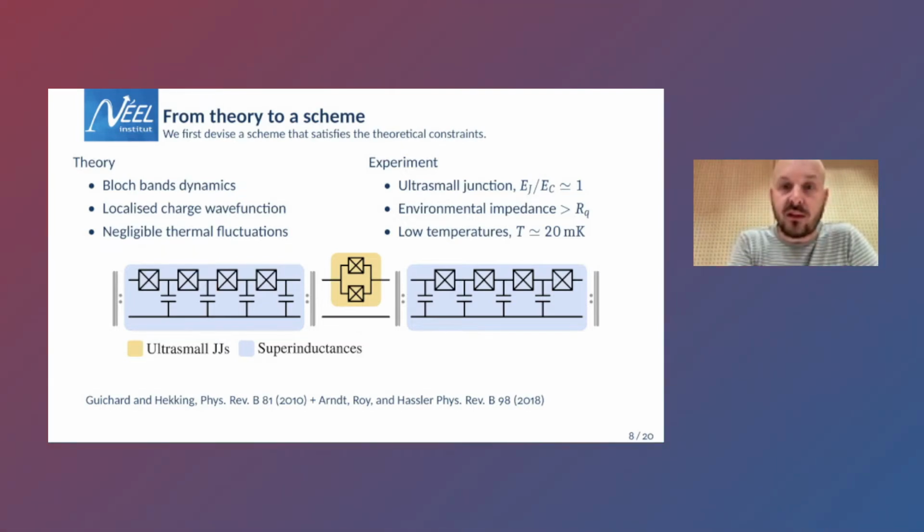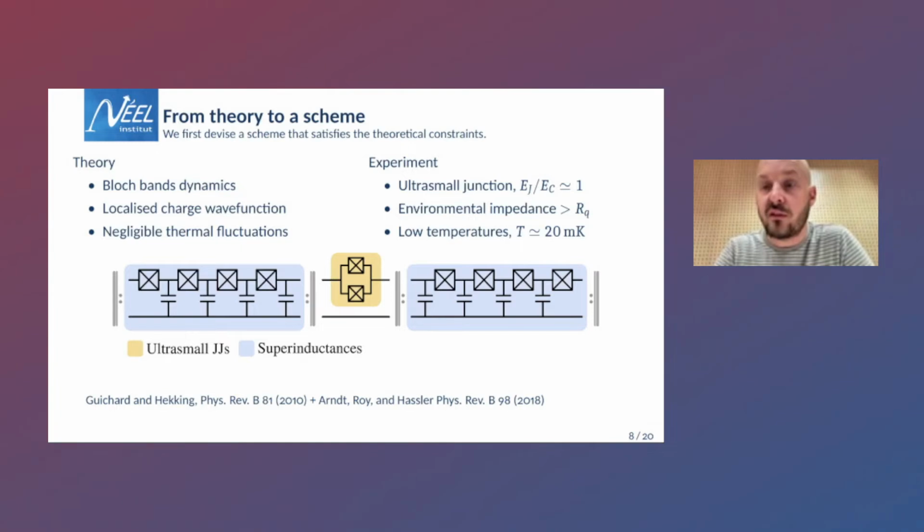So then we got inspired by these two theory proposals, and they explain very nicely that actually to provide a large impedance, you don't need a large resistance. You could do it with a very large inductance as well.